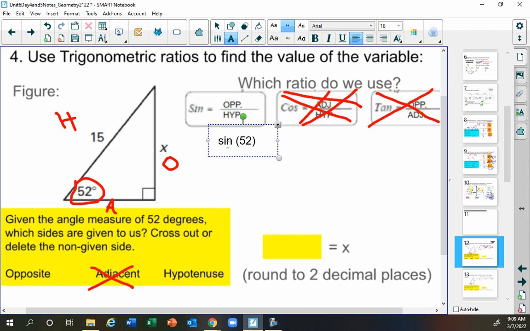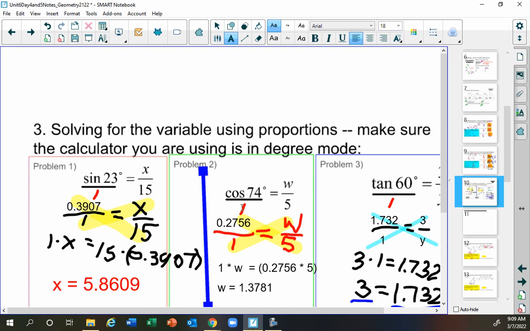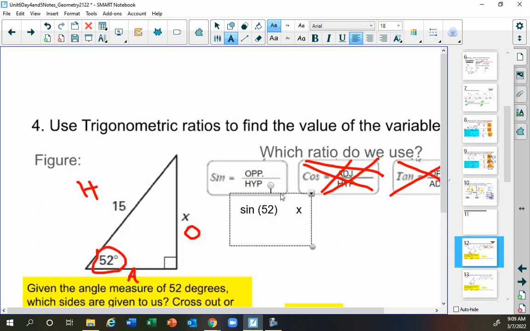That's the x. Now, of course, with the sine, the cosine, and all that, what are we always going to put underneath when we set up our fraction? No, before that. Go back to the previous slide. What do we always put? Put a 1.